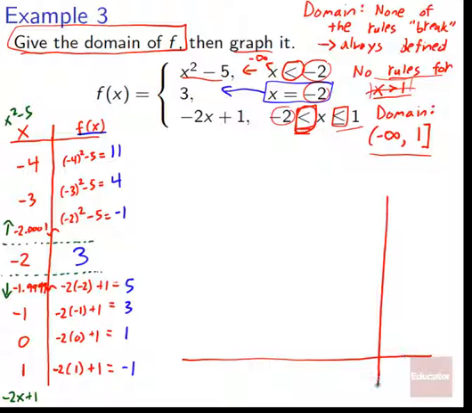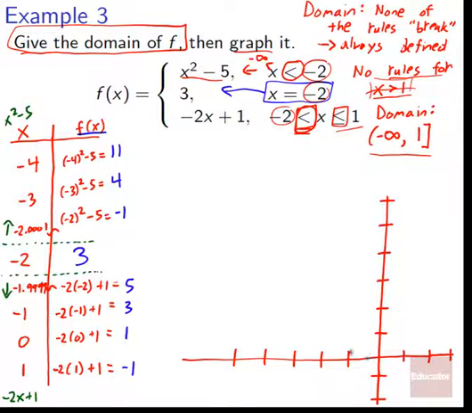So we've got positive 1, positive 2, positive 3, positive 4, positive 5, positive 6, negative 1, negative 2, negative 3, negative 4, negative 5.